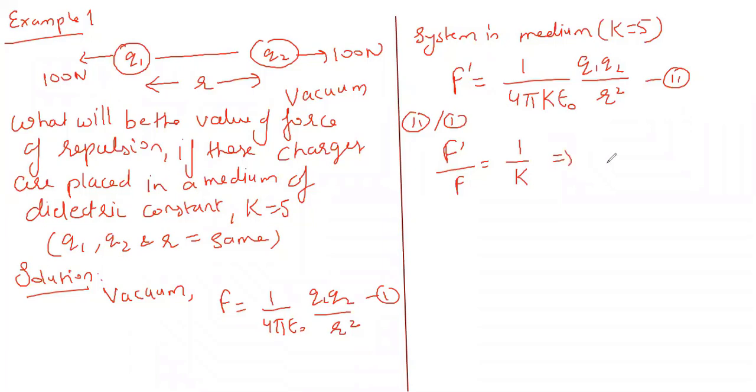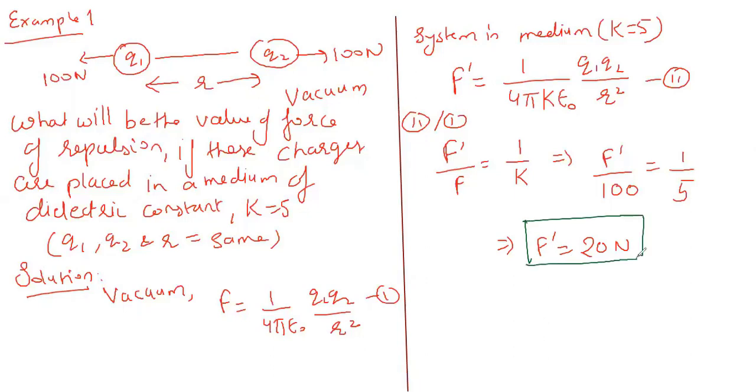Whenever I solve this, I'll get F dash divided by, because I know the earlier force was 100 Newton, I'll put 100 at the place of capital F, and here value of dielectric constant is 5. So on further solving it, I will get F dash is equal to 20 Newton. Now this is my answer. F dash is equal to 20 Newton.